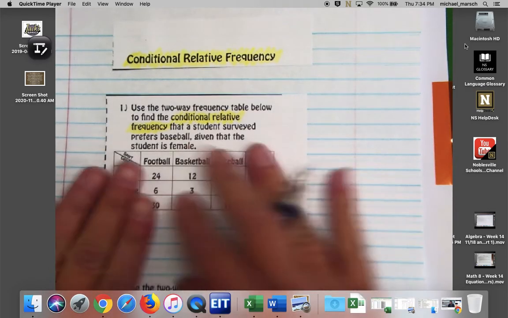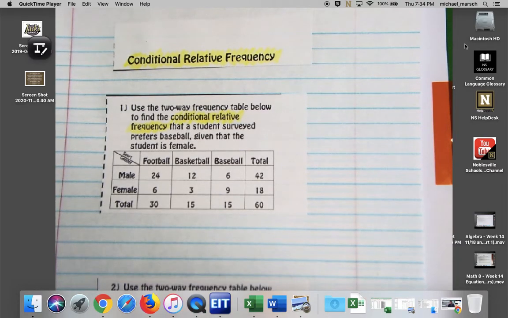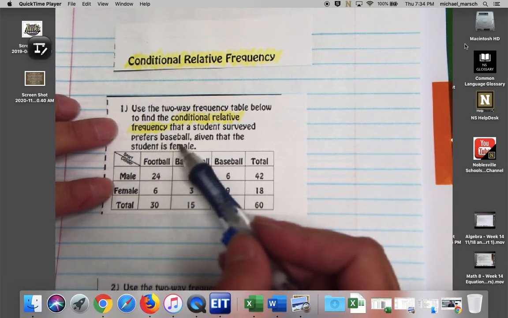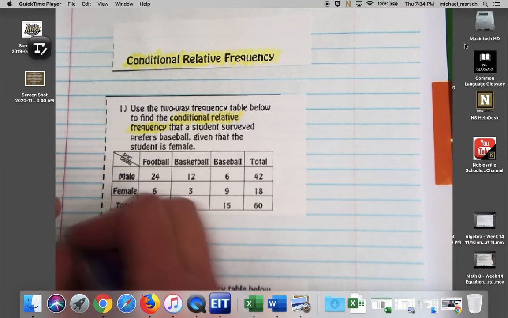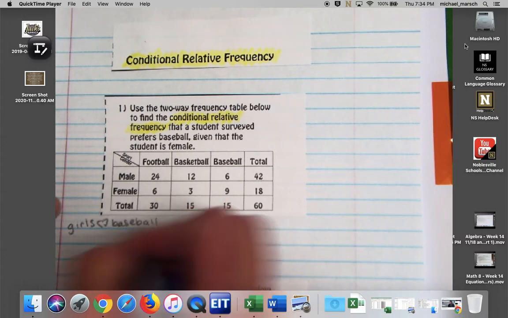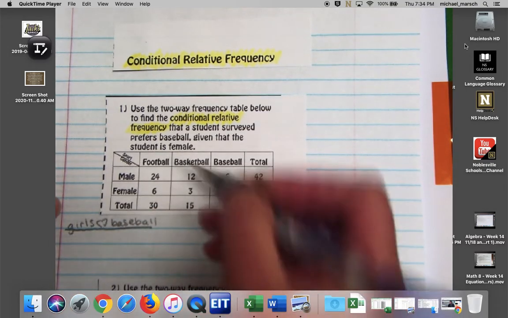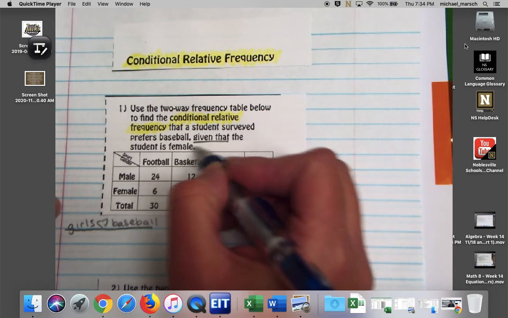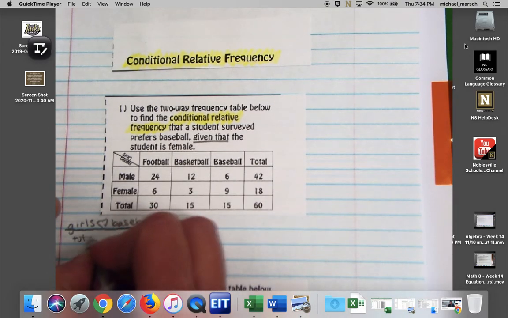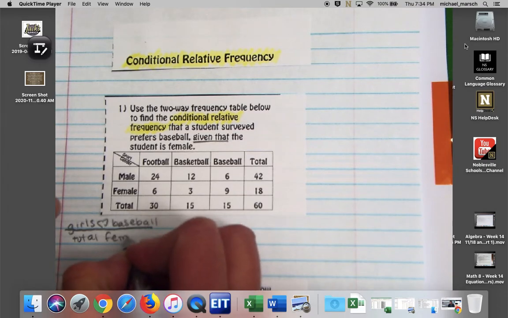So we're going to organize this, so we have two things here. Girls that prefer baseball, right? So our numerator is going to be girls, heart, baseball. Our denominator is going to be this whole given situation, given that the student is female. So total females.